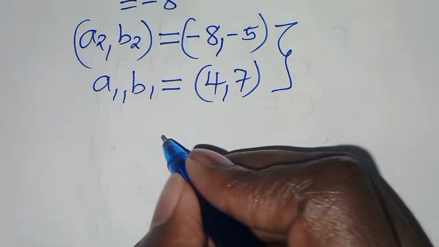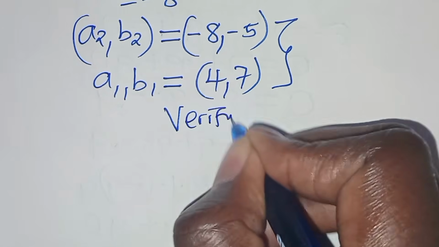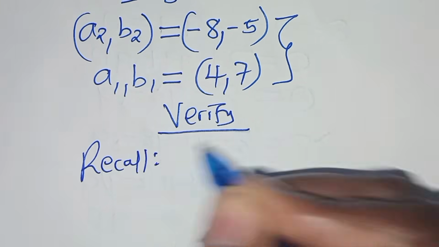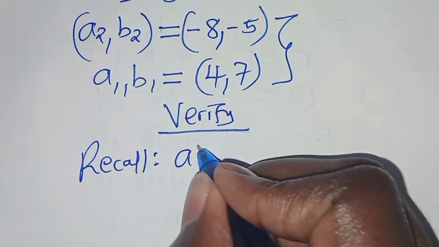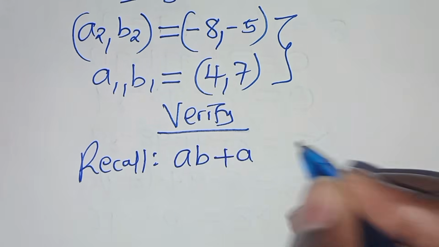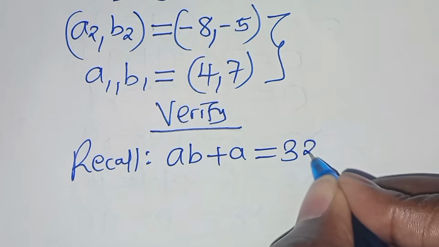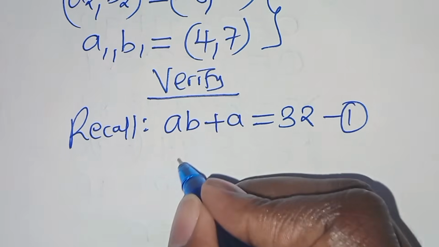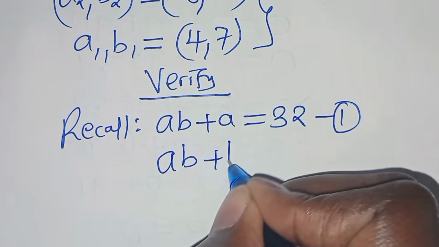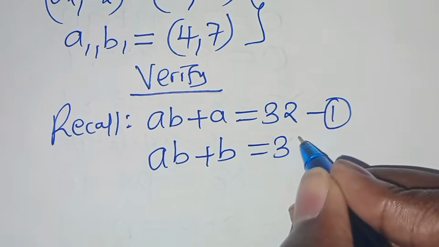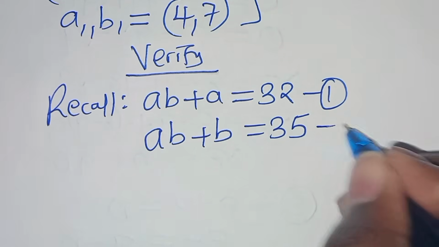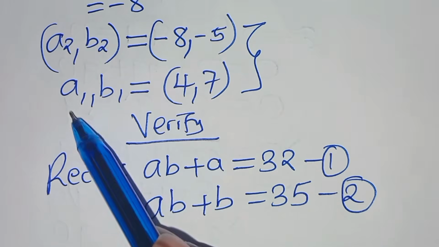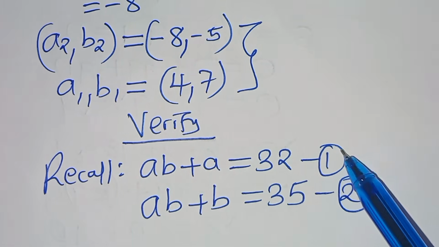The second step here is to verify. Let's verify from here. If you recall, AB plus A is supposed to give us a value of 32, because this is equation 1. For equation 2, we have AB plus B, and this is supposed to give us a value of 35. Now, let's substitute A1, B1, which is 4, 7, into equation 1.